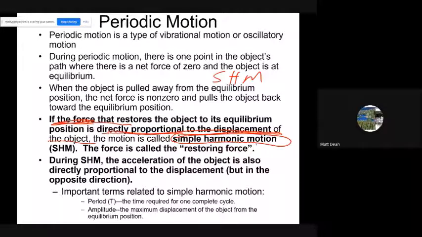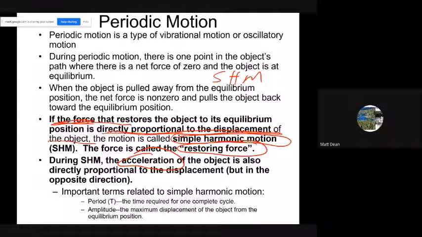And remember, that force is called the restoring force because it's always trying to restore that object back to the equilibrium position. Because the net force, the restoring force, is proportional to displacement, that means the acceleration is also always proportional to the displacement. And it's always toward the equilibrium position.